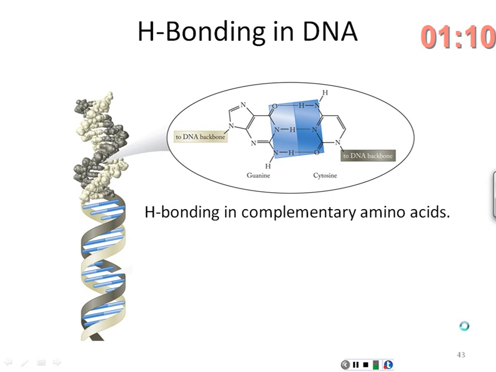And this is important because it keeps the genetic information stable until it's ready to be replicated or read. And you have certain enzymes that can come through and break those hydrogen bonds when they're replicating the DNA. But when the DNA is sitting there dormant, it's a very stable structure. And so the molecule doesn't get damaged.